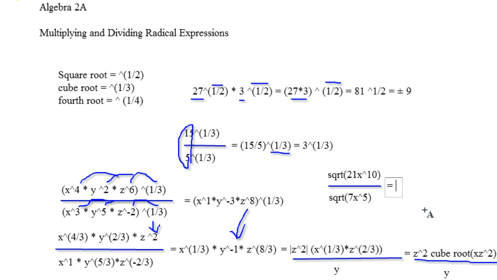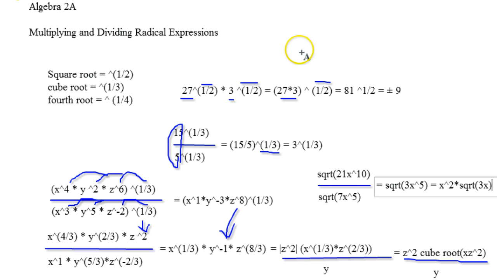I would just say divide the top and bottom and get the square root of 3x to the fifth. And then that would turn into x squared times the square root of 3x, which would be the leftover portion of that. Let's move that over a little bit. There we go. Okay. Right.